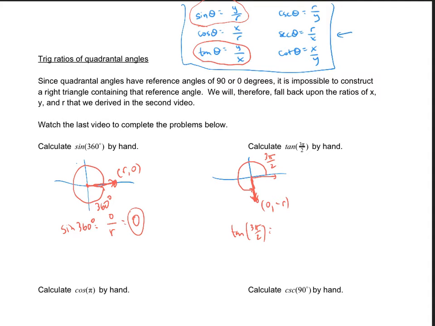So the y value is negative R, and the x value is 0. Now this is a number divided by 0, which is undefined. So it is possible, when you land on these quadrantal angles, for some of the values to be undefined.